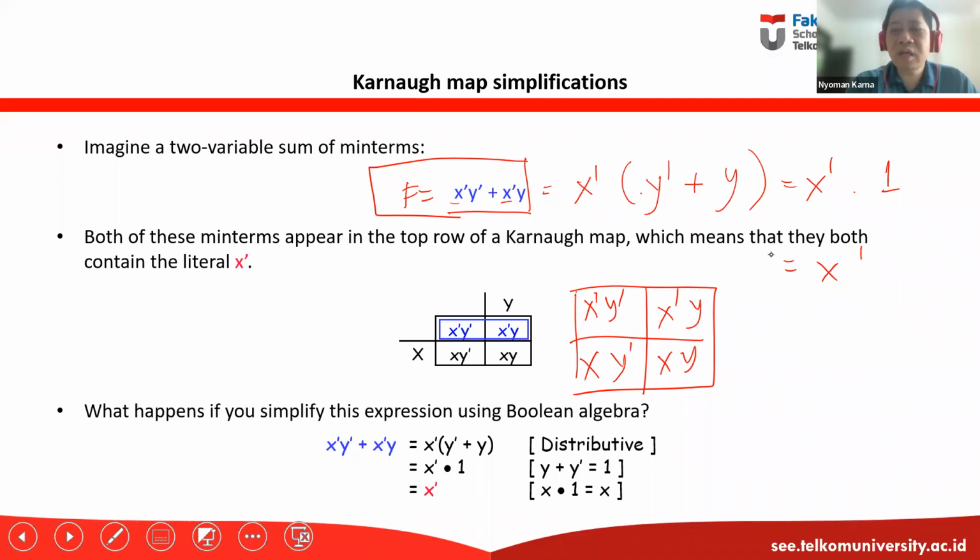And x naught, y naught is this cell, and x naught, y is this cell. So we can identify that, oh, they are adjacent, or in bahasa, tetangga. So we can create the identification. Both cells can be identified as this bigger cell, which in this case is x naught.